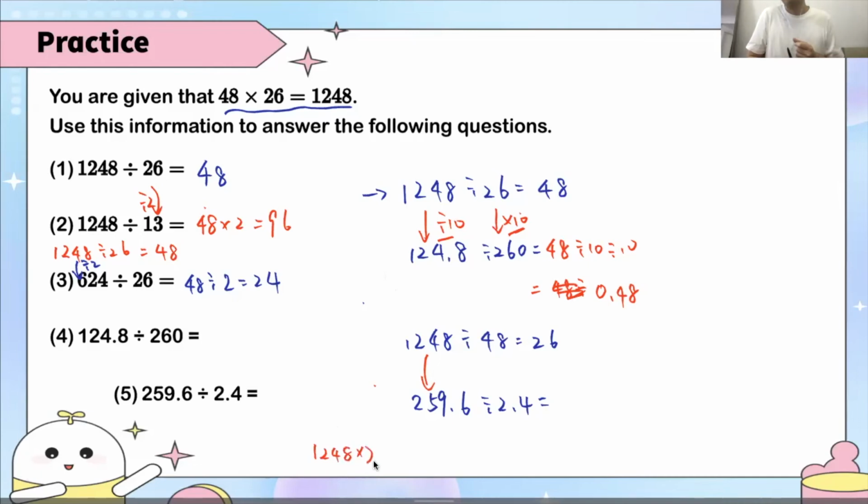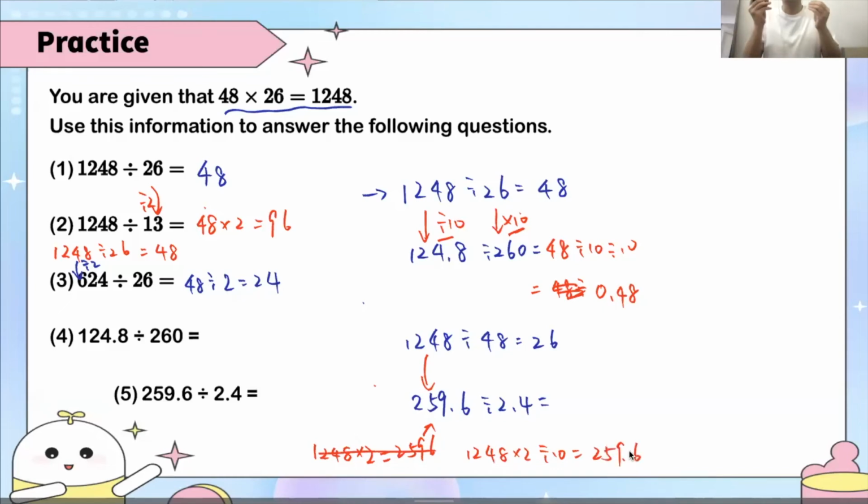1248 times 2, that is 2496. Okay, so from 2496 to 249.6, what do we do? That is we divide by 10, right? So that means we just do 1248 times 2 divided by 10, we have 249.6.